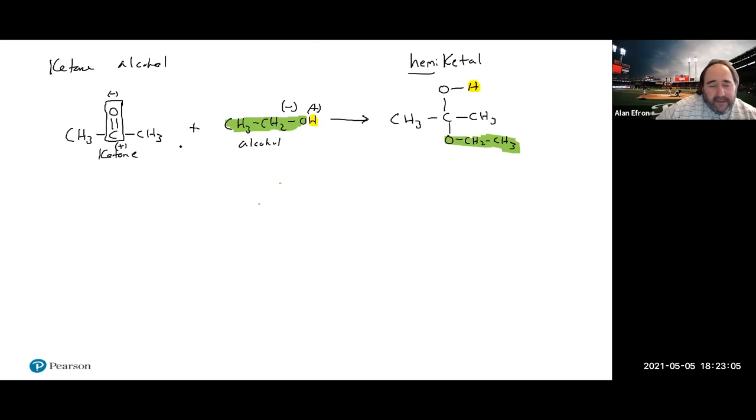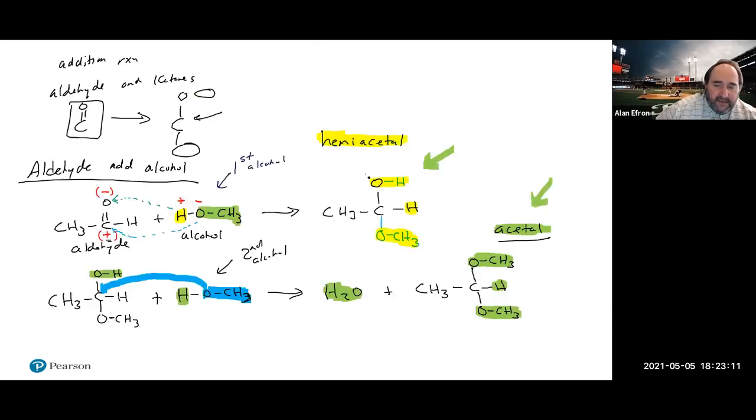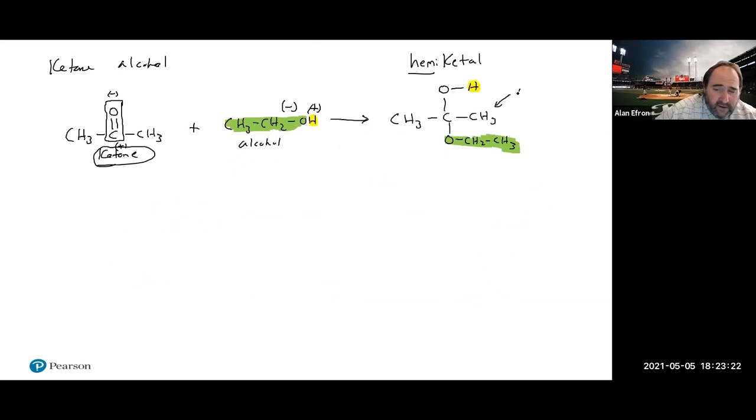It's a ketal because really it started from a ketone. What is the difference between this and our hemiacetal? It's actually this guy right here. The hemiacetal, because it started from an aldehyde, has that H. The hemiketal, no H, right? Basically a carbon group here. Any questions on that one there?